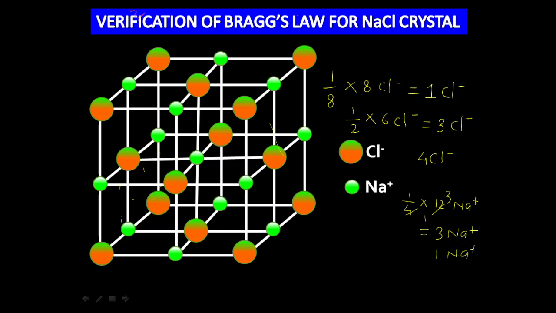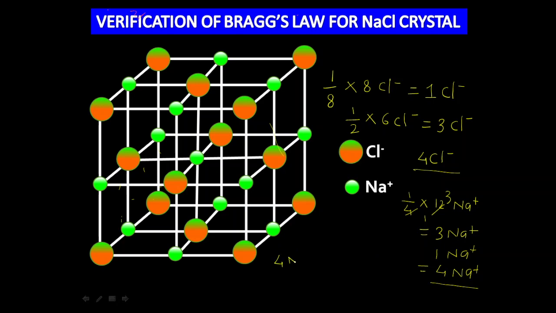So there are a total of 4 Na+ ions in this structure. We have calculated there are 4 Cl- ions and 4 Na+ ions present in this structure.